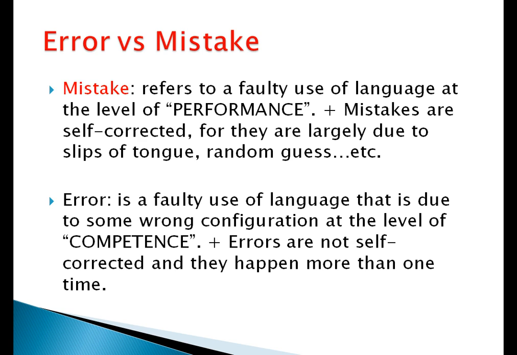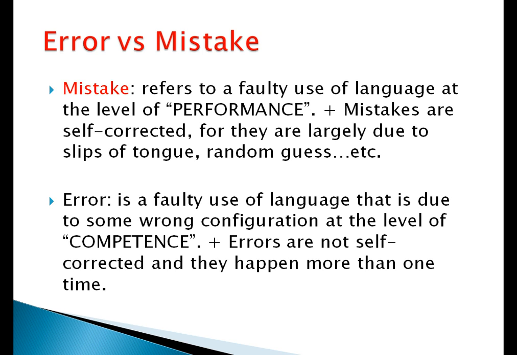Anyway, it is a must that you, as a student or as a linguist, know the difference between a mistake and an error, because they may seem like two facets of the same coin, but in fact they are not.